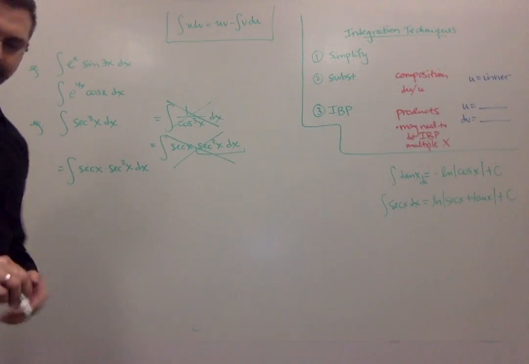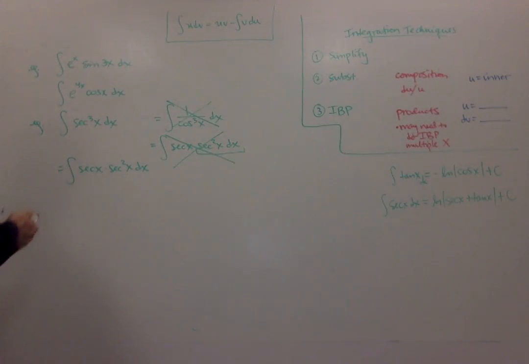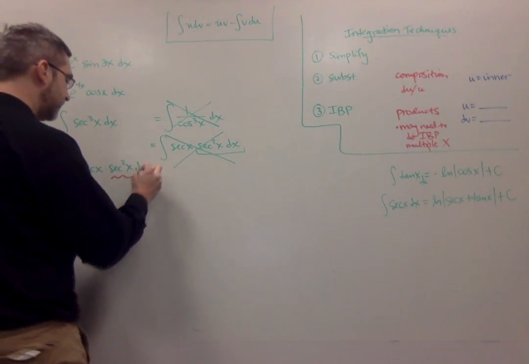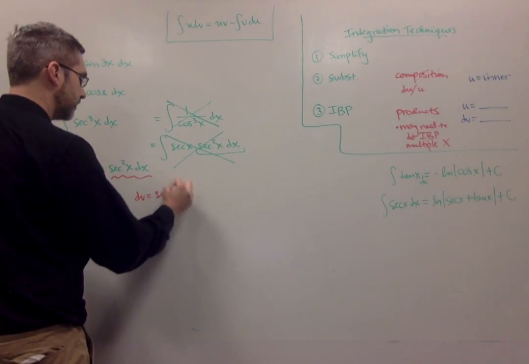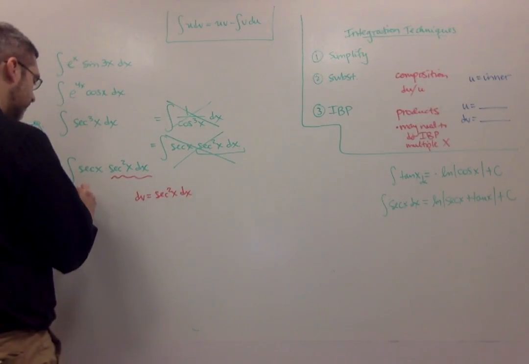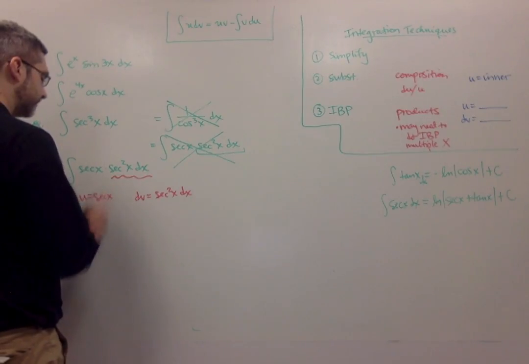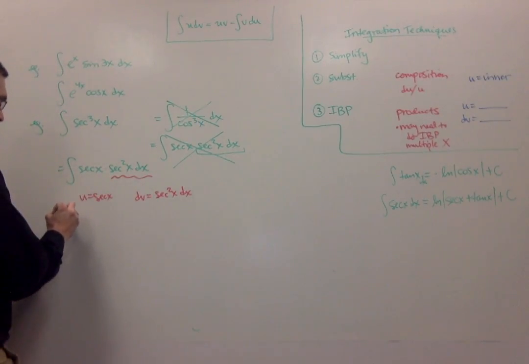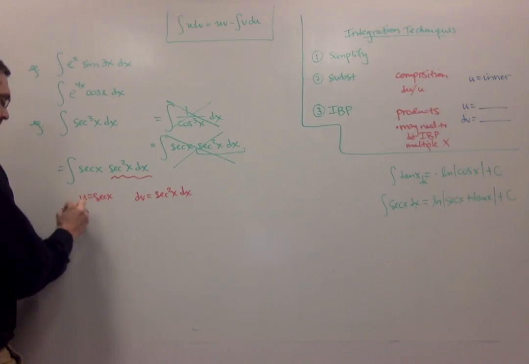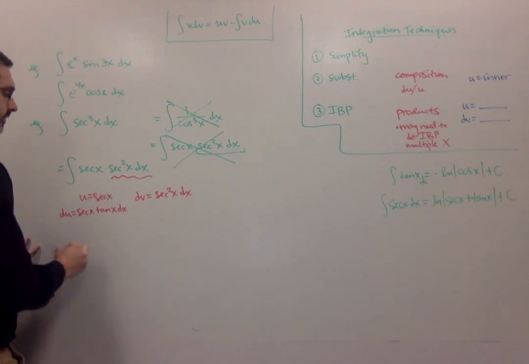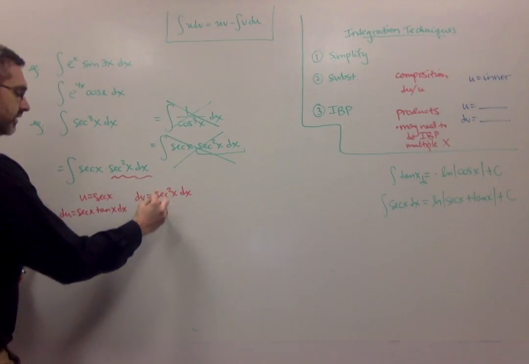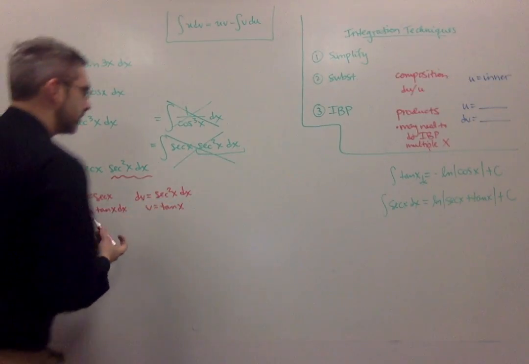So I'm kind of stuck having to integrate secant squared. So that means my dv has to be secant squared, which means my u is the other part. So du is going to be the derivative of secant, which is secant tangent, and v is going to be tangent. Okay.